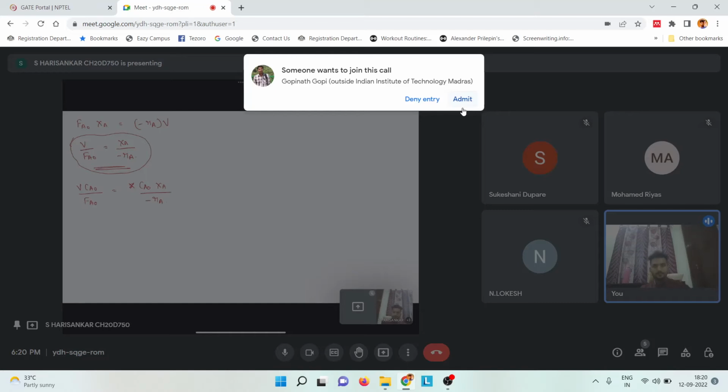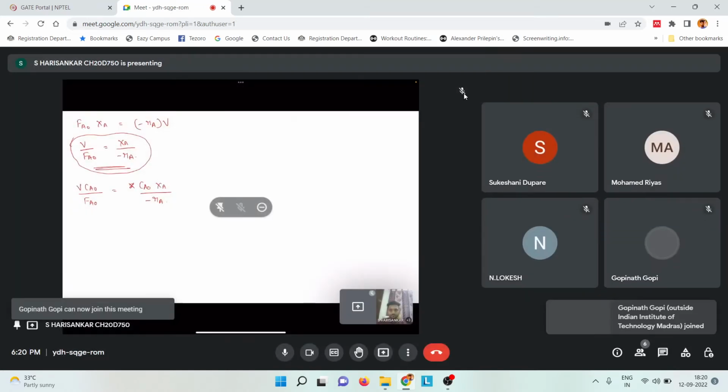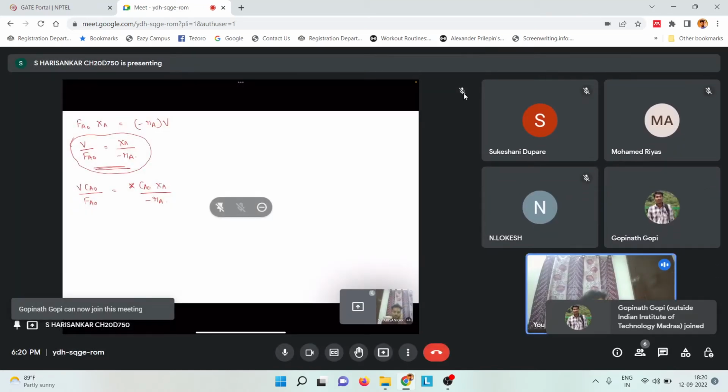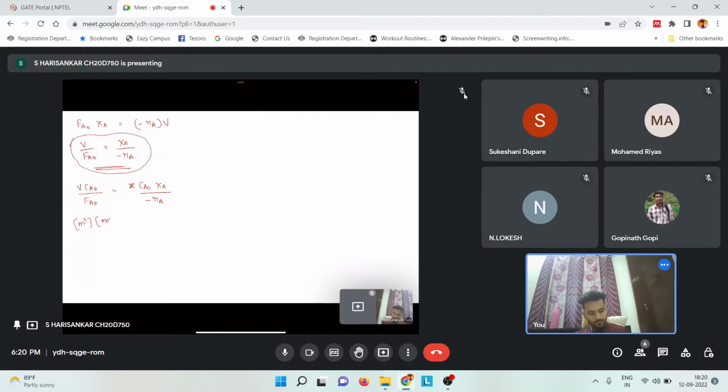Let's take the left hand side: V CA0 and FA0. V is meter cube, CA0 is mole per meter cube, the whole by FA0, which is mole per second. This comes out to be second, and that is the unit of tau. So tau is equal to CA0 XA by minus RA.